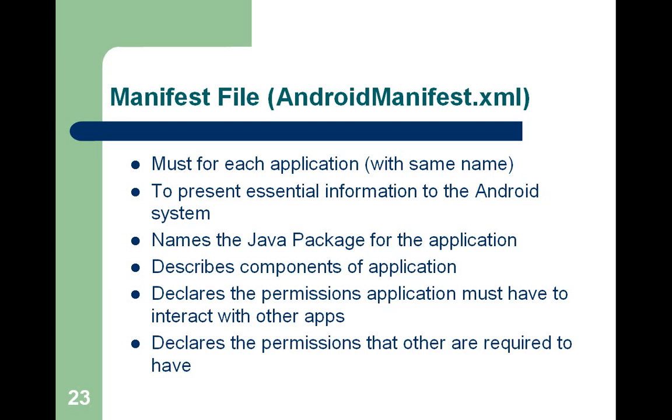It describes various components of the application. It declares the permissions the application must have to interact with other applications. So this is another new concept of permissions. If my application wants to have access to the contacts database, I must ask for this permission in Android Manifest.xml.